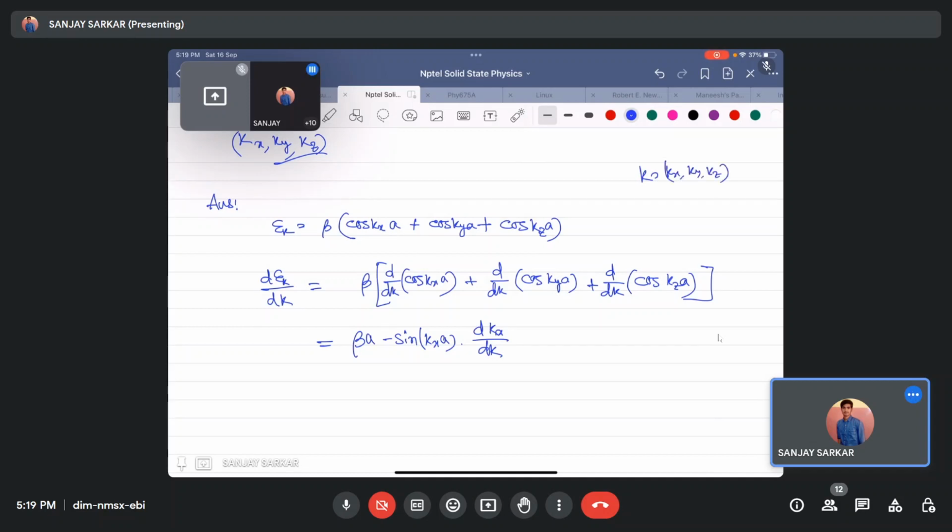We first did d dkx of cos kxa into dkx dk. Similarly for the others, we will get minus sine kya into dky dk, minus sine kza into dkz dk.